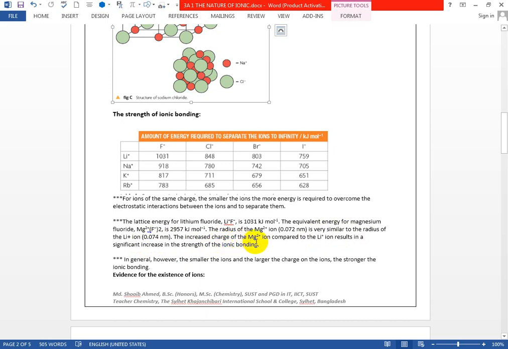The magnesium ion has more charge and it becomes smaller, so it has more charge density.